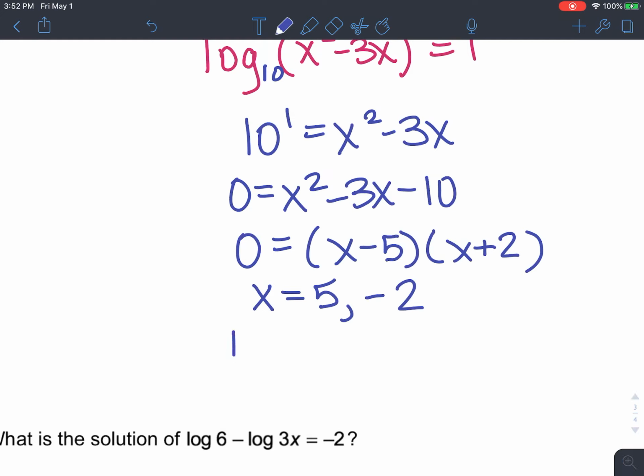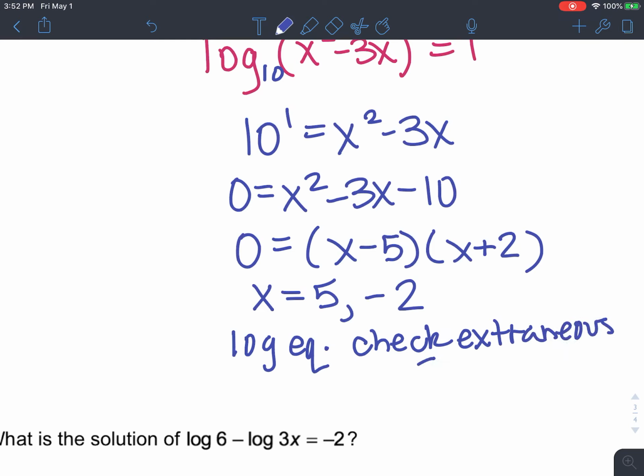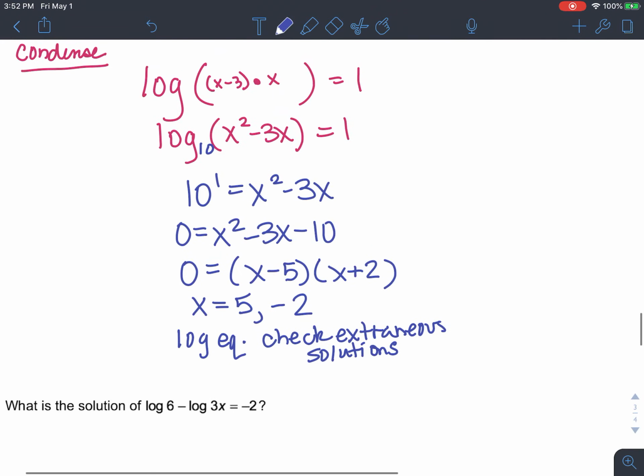But when you're solving a log equation, you should probably check for extraneous solutions. Which we did have to check for with other powers, like when we did square root equations, and we had to check for extraneous solutions.